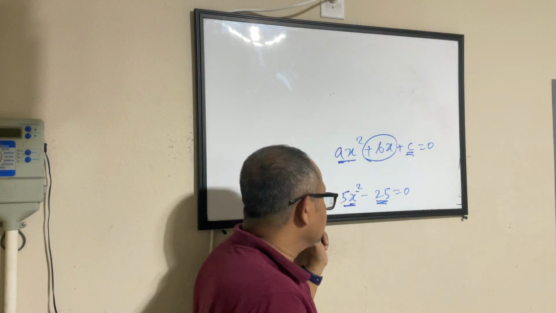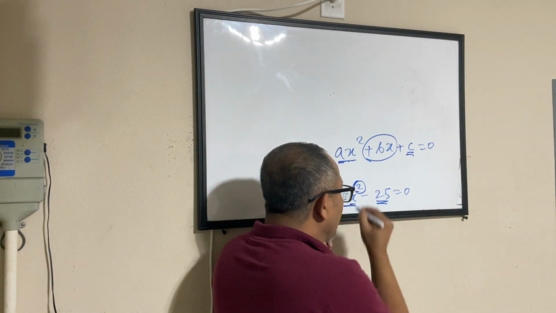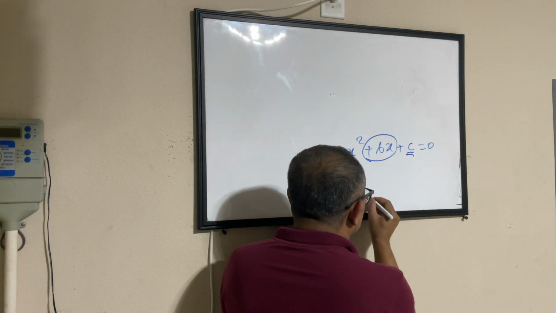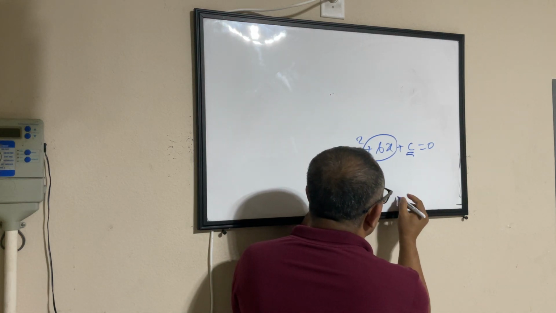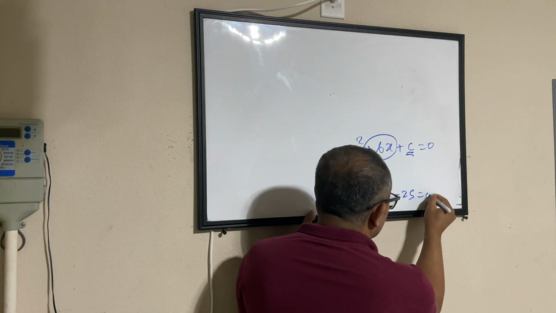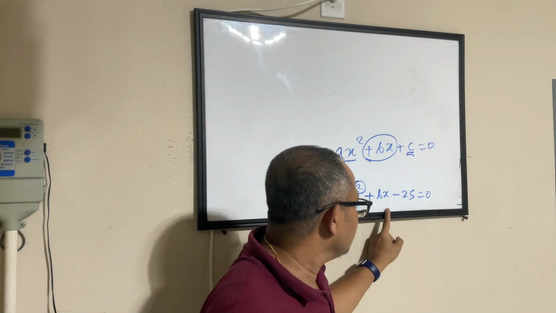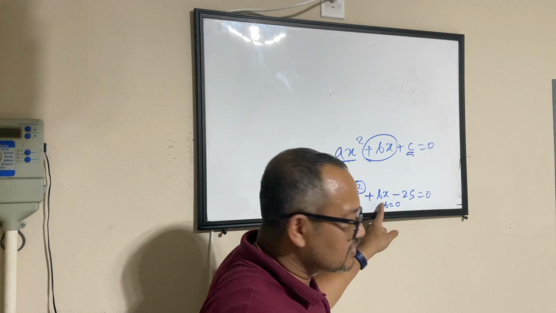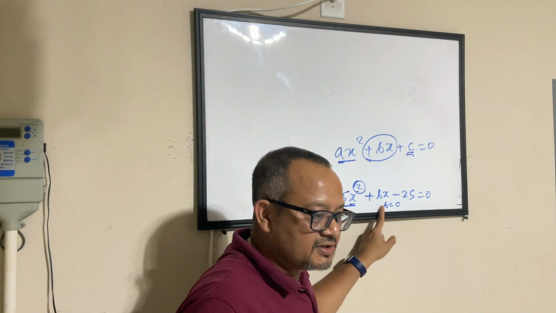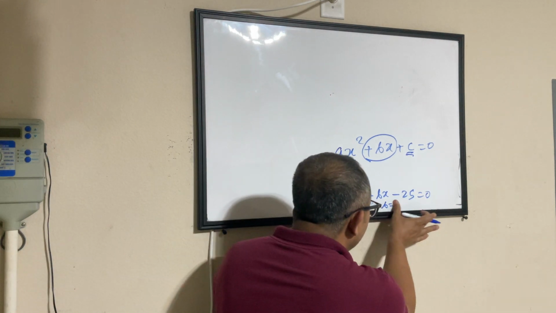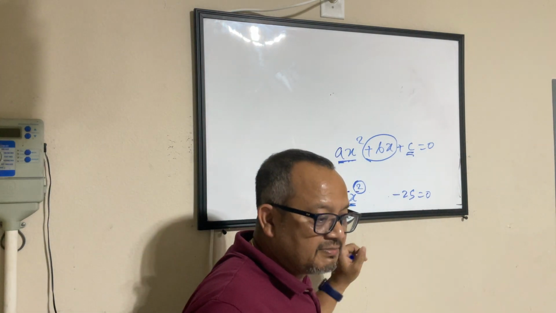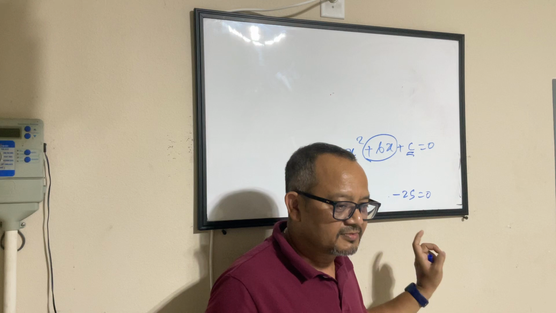Yes, it is, because the maximum power is 2, and you can write it as 5x squared plus 0x minus 25 equal to 0. Now this looks like a quadratic equation. Interestingly, the value of b is 0. That is why the bx term was not visible in my earlier equation. So even if I have this as an equation, I can still claim it to be a quadratic equation.